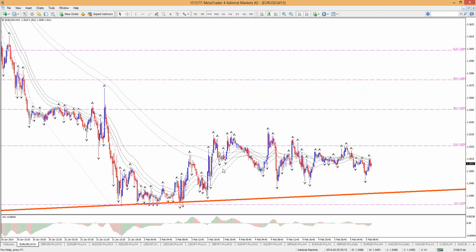So I guess that's all I have to share with regard to the euro dollar. Let's see if we do get the push down. We can put back this smaller trend line.